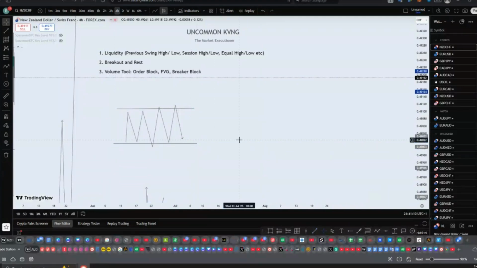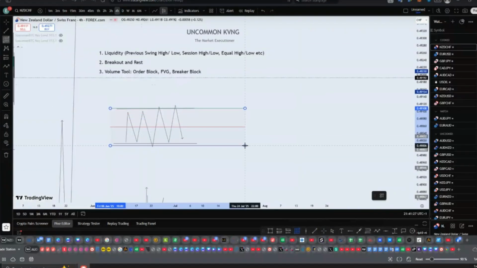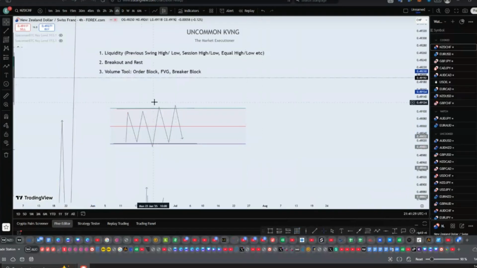So what is the major point within a high and a low? It's just the equilibrium, the midpoint. That's the major thing as price is dancing. So you now start seeing what happens within a consolidation. You see what price will start moving from.